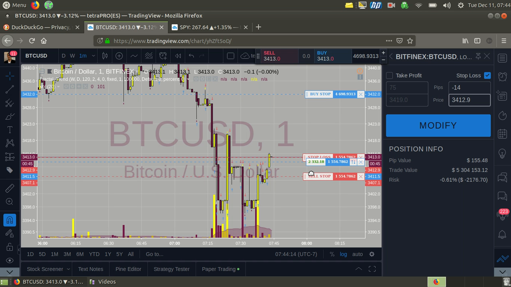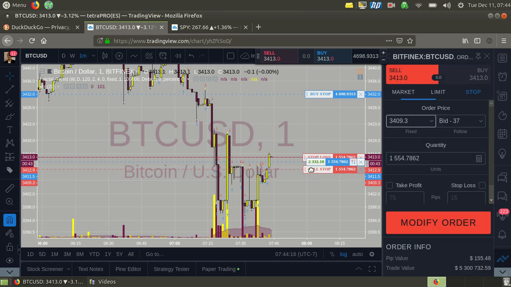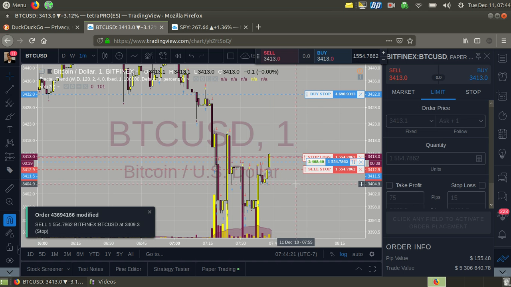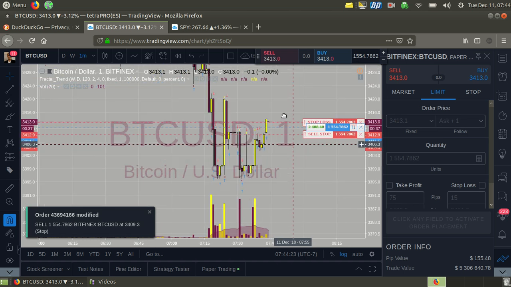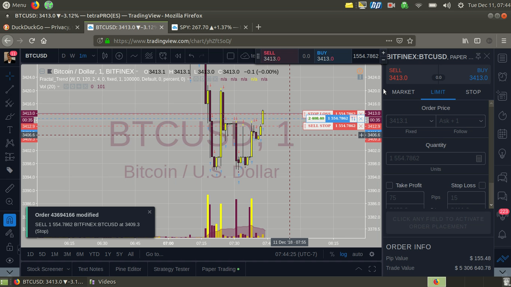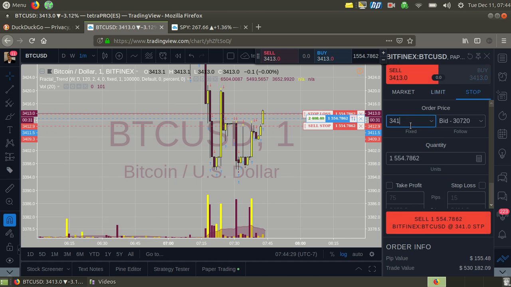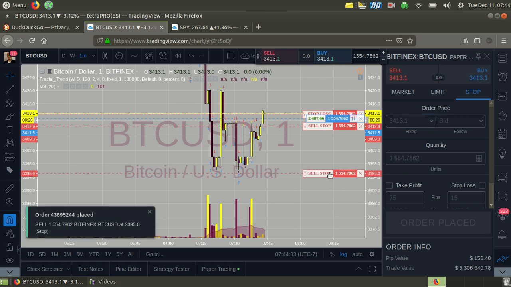I can move my sell stop up, can't I? For a better entry if it decides to turn around and go shorter. I don't have another sell stop down there, I'd be prepared. Sell stop at the bottom, down here at 33.95.